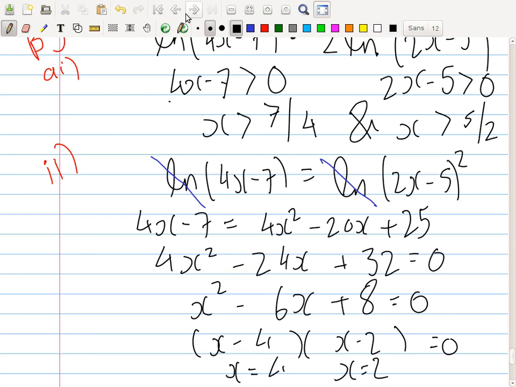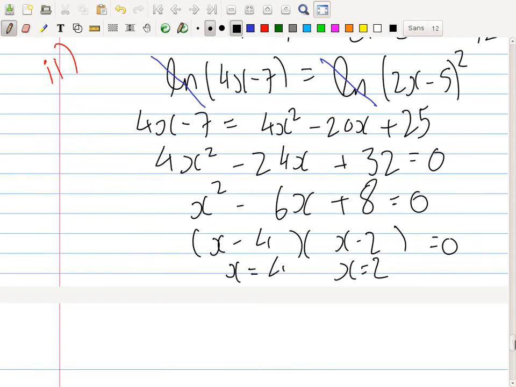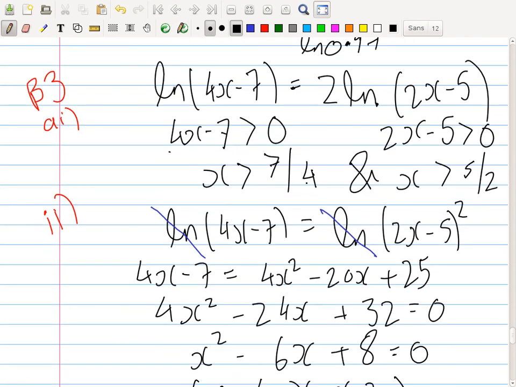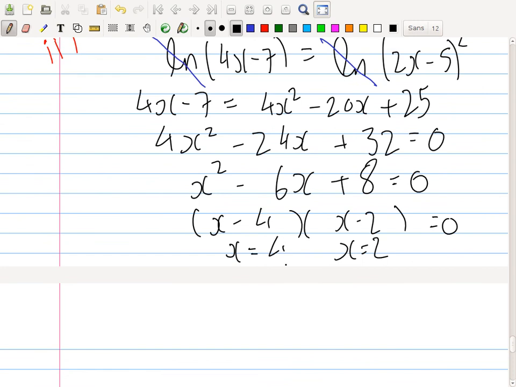But only one of these answers I think works. If I go back here, I'm told x must be more than 7 over 4 and x must be more than 5 over 2. What's 7 over 4? 7 over 4 is 1.75, and 5 over 2 is 2.5. Only one of these will work. Did they both work?